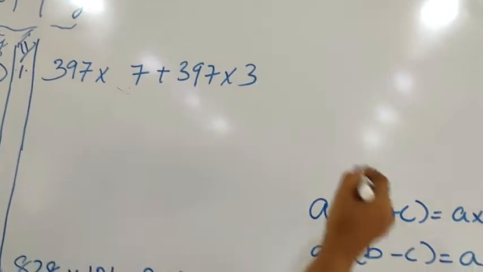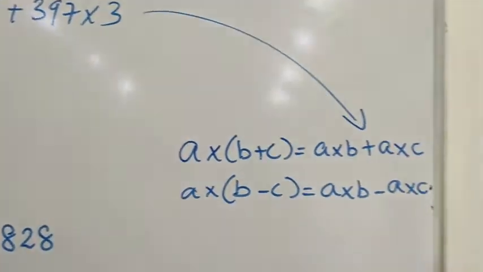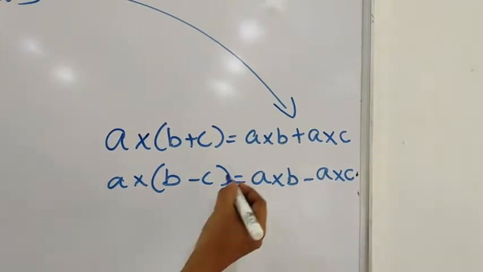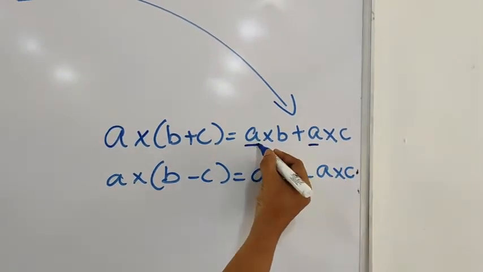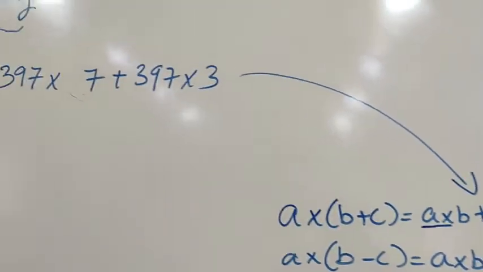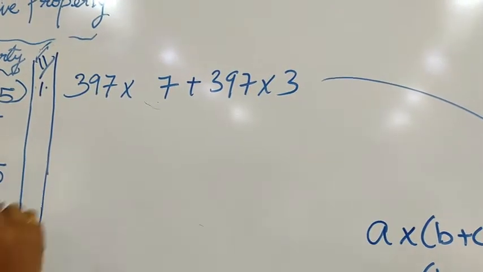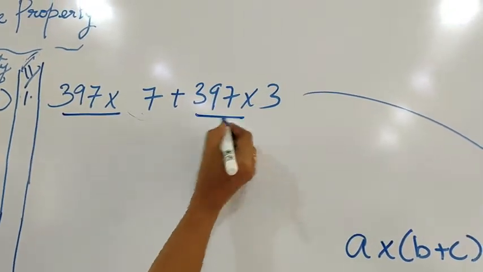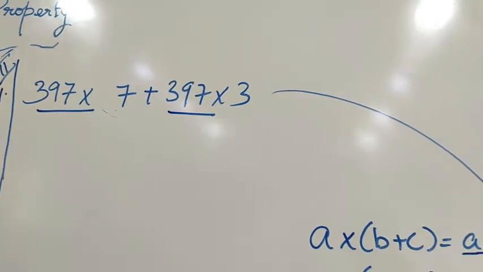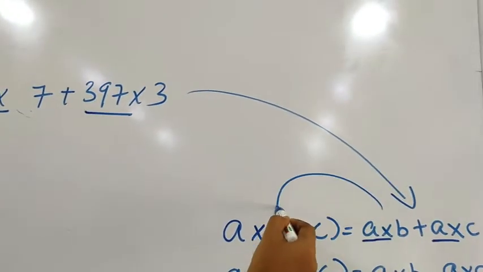That means it is of the form A into B plus A into C. Here A is common. Here 397 into is common. So I have to convert this back to the form A into B plus C.